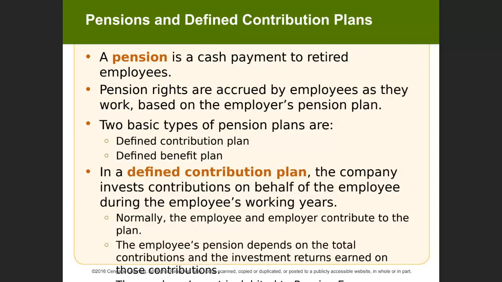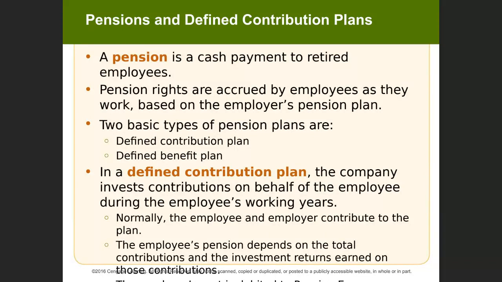A pension is a cash payment to retired employees. Pension rights are accrued by employees as they work based on the employer's pension plan. Two basic types of pension plans are defined contribution and defined benefit plans. In a defined contribution plan, the company invests contributions on behalf of the employee during the employee's working years.